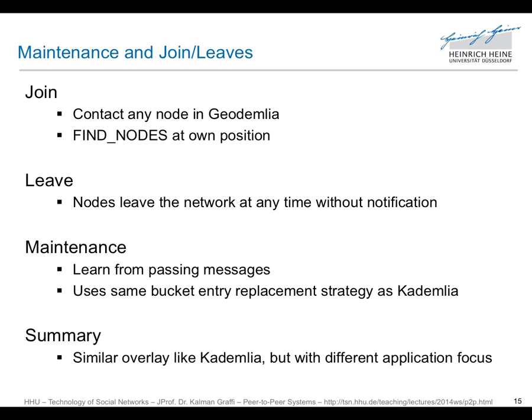Either you wanted to use them, sent them a message, and they were offline, then you throw them out. Or if your bucket is full and a new node comes and you check the last seen node in this bucket and he's offline, then you also throw them away. So you don't really actively check whether they're online or not, just if you want to replace them in your routing table. Again, here you learn from bypassing messages, and the same bucket entry replacement strategy as Kademlia. So you want to prefer long-living nodes that are in your buckets, and you throw the offline nodes out.